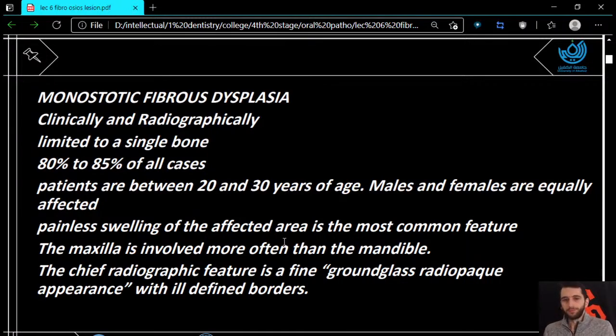Monostotic fibrous dysplasia, clinically and radiographically limited to a single bone, occurs in 80 to 85% of all cases. Patients are between 20 and 30 years of age, and males and females are equally affected.